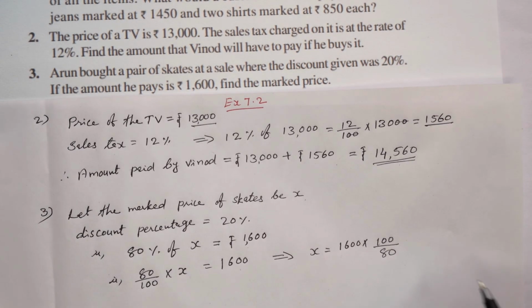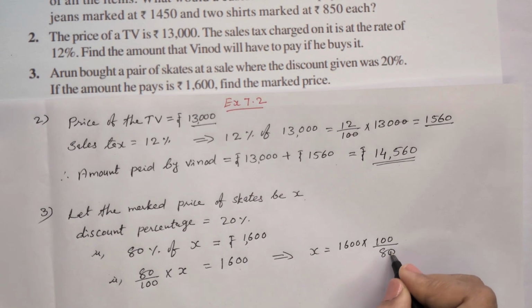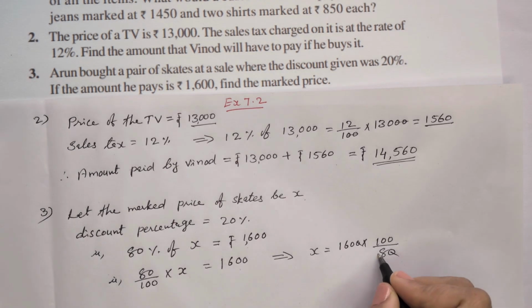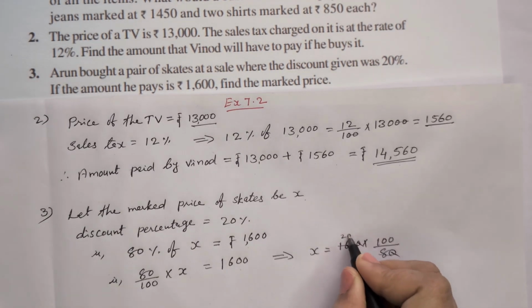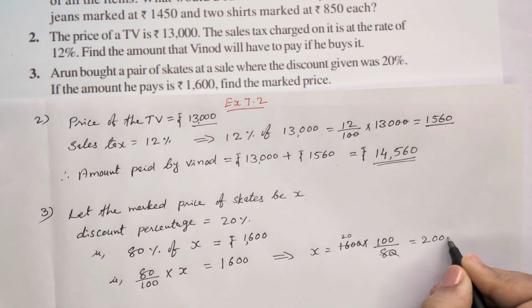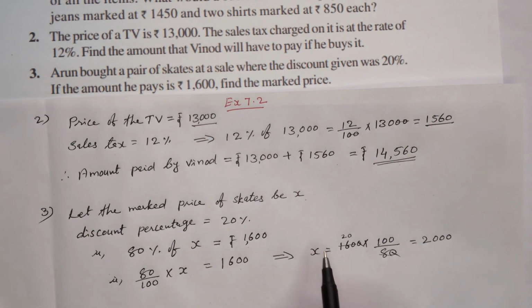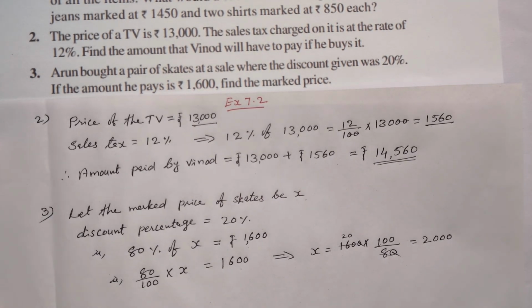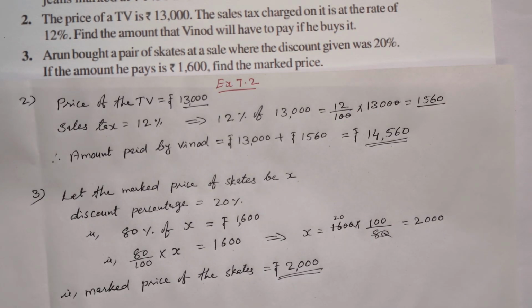You can divide by 10, and 8 here 2 times, so 20. 20 into 100, we will get 2000. So X, the marked price, we can write, therefore the marked price of the skates is equal to rupees 2000.